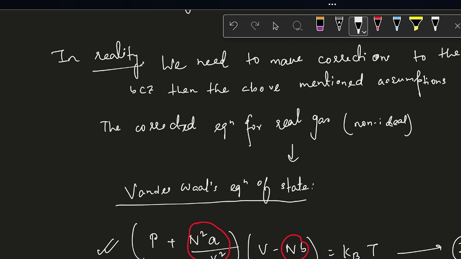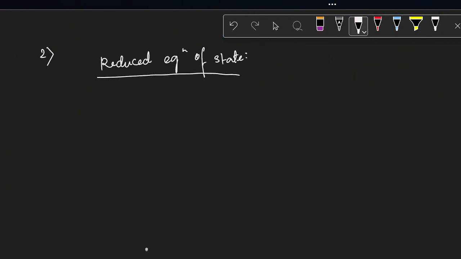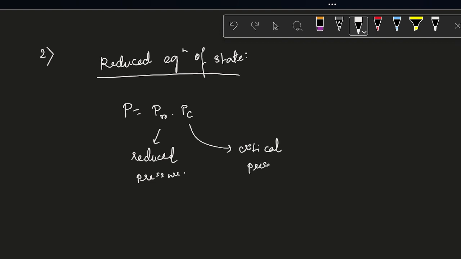In the reduced equation of state, you change all the quantities like pressure, volume and temperature to reduced values: reduced pressure, reduced temperature and reduced volume. How they are related is that the total pressure P is represented as P_R times P_C, where P_R is your reduced pressure and P_C is your critical pressure.